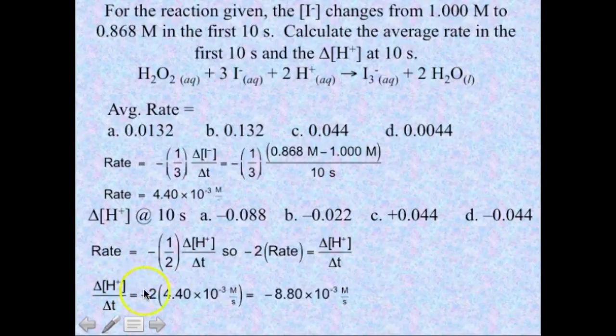So we calculate that out, and it comes out to be minus 8.80 times 10 to the minus 3 molar per second. But the question is asking for simply the change in concentration at 10 seconds. So for this last part, we would simply multiply the minus 8.80 times 10 to the minus 3 by 10 seconds to get minus 0.088 molar, the change in concentration of hydrogen ion at 10 seconds.